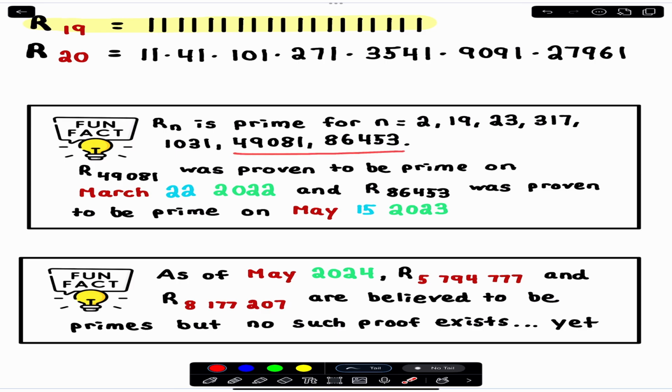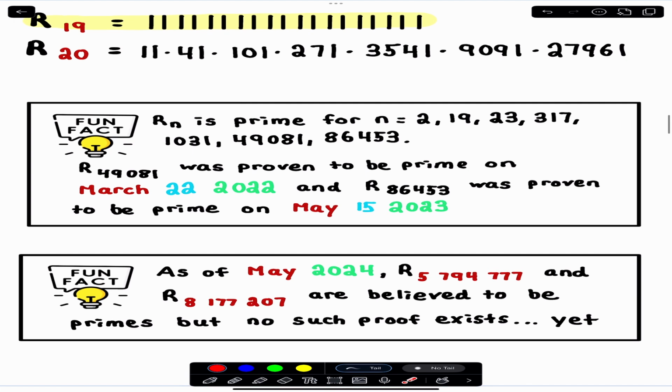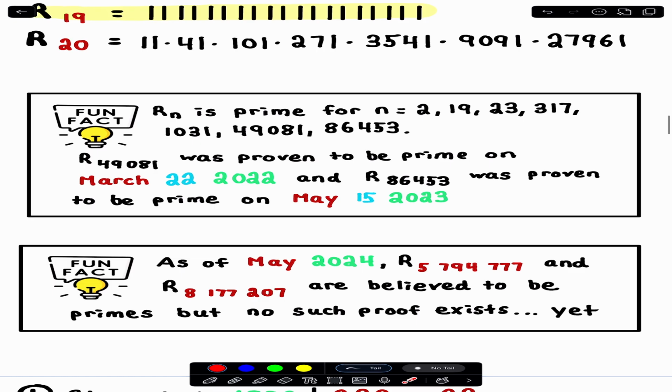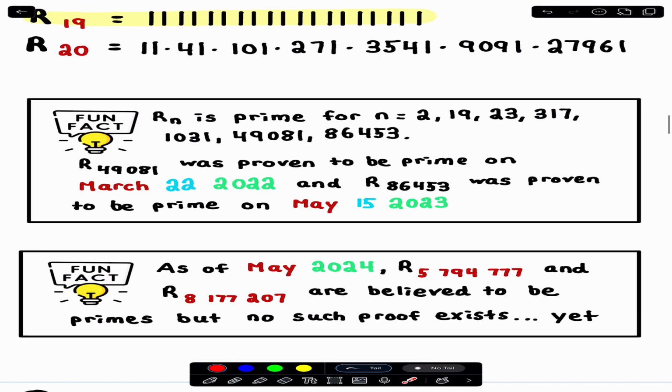So these last two were actually very recently proven to be prime. So our 49,081 was indeed proven to be prime on March 22nd, 2022, while our 86,453 was proven to be prime on May 15th, 2023. So you can see this is pretty recent. It's an ongoing study.